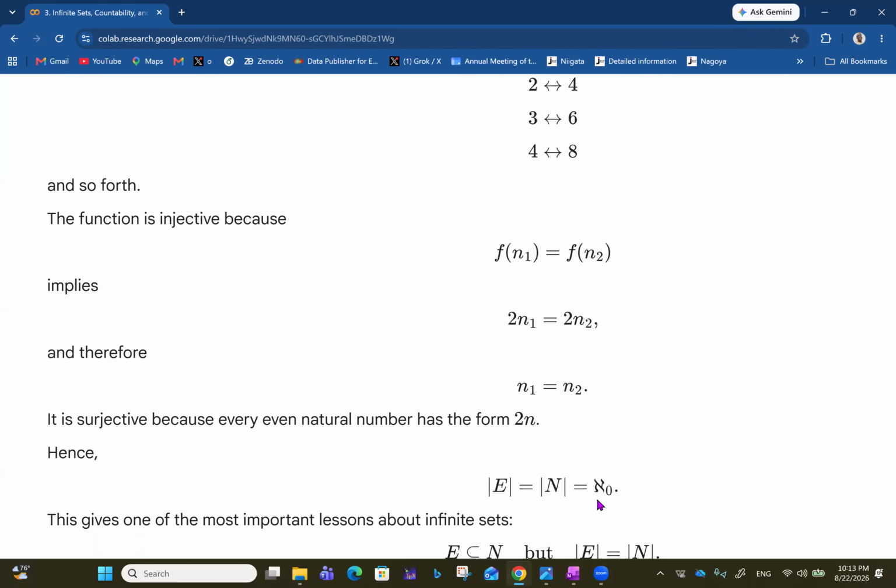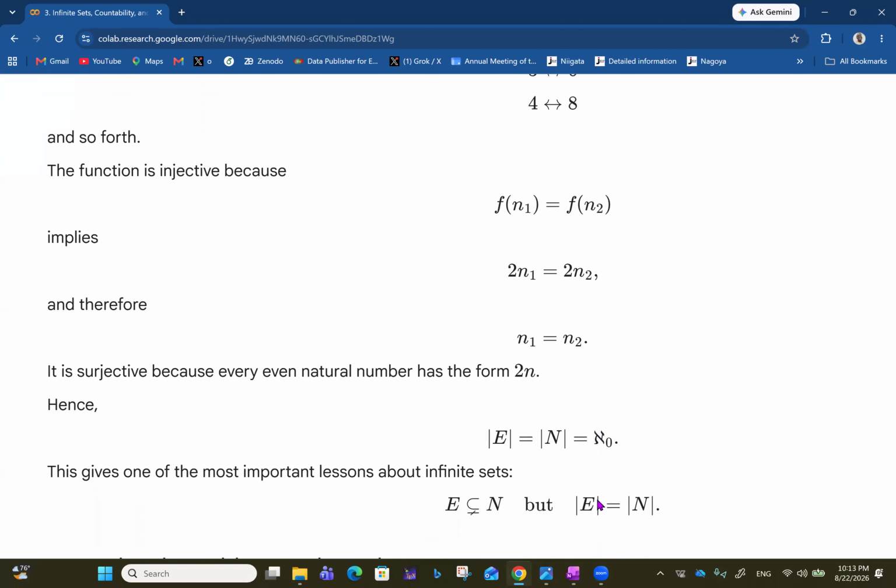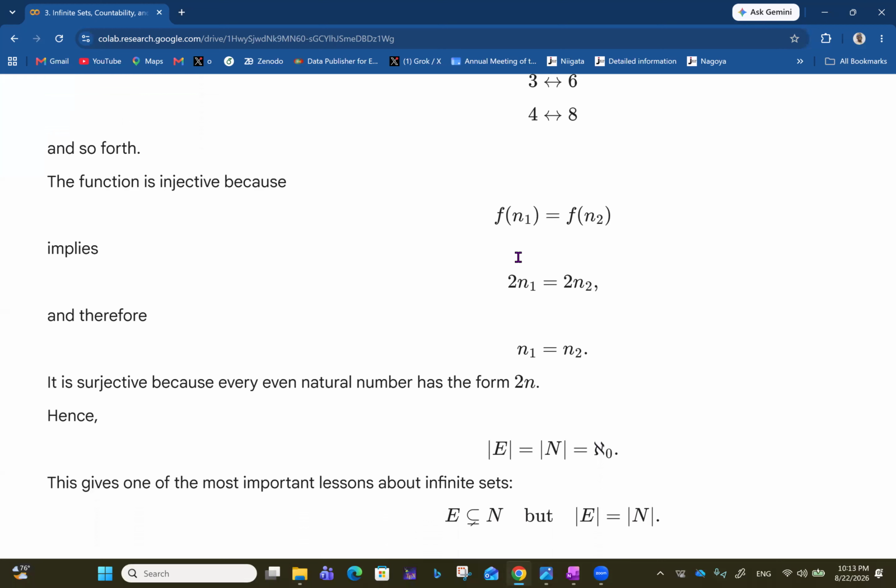The function is injective because f of n1 equals f of n2 implies that 2n1 equals 2n2, and therefore n1 equals n2. It is surjective because every even natural number has the form 2n.